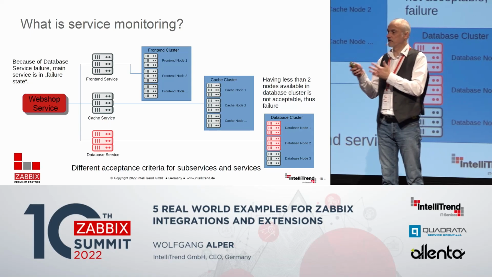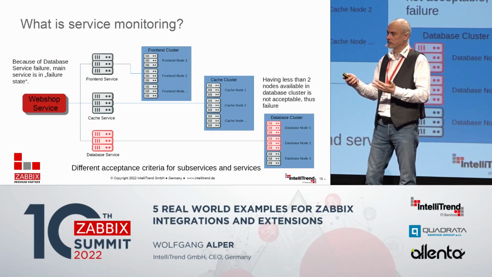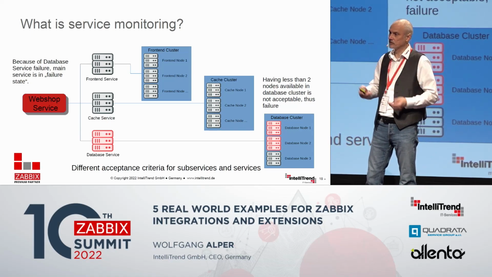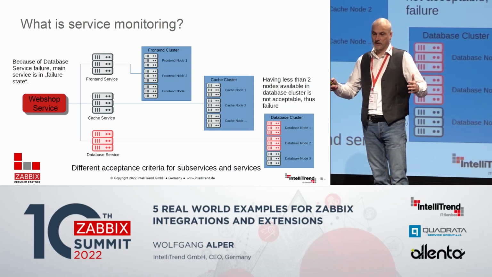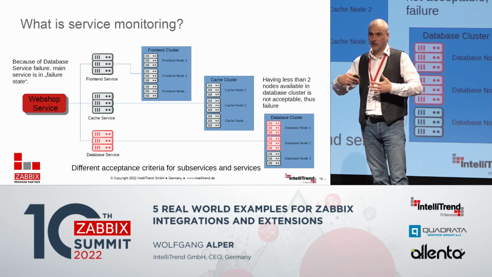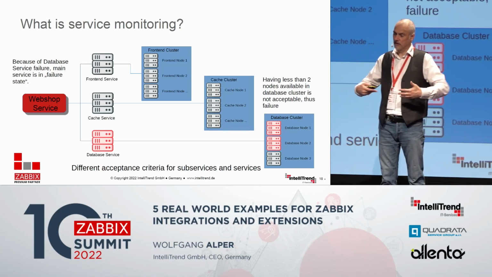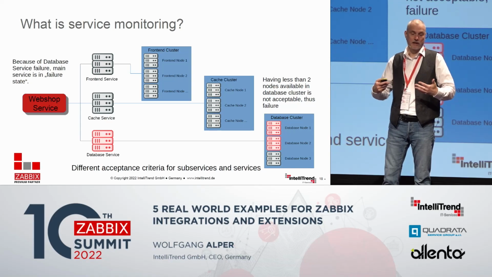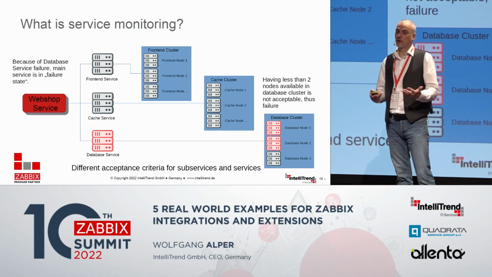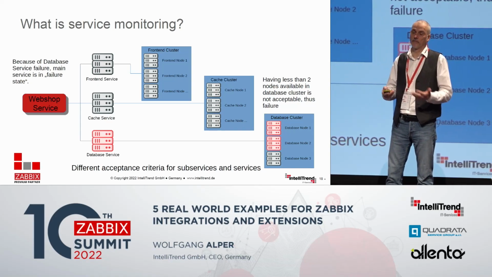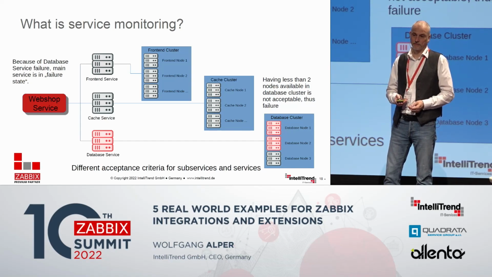And this condition failed. Only one database server is up and running, and that's why we consider our service to be in a problem state. So what I'm trying to say is service definitions can be complex, can have individual requirements, and it's not that easy and obvious at first glance what a service definition is made of.